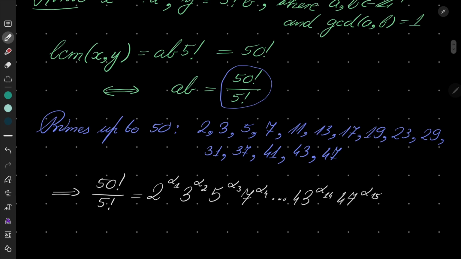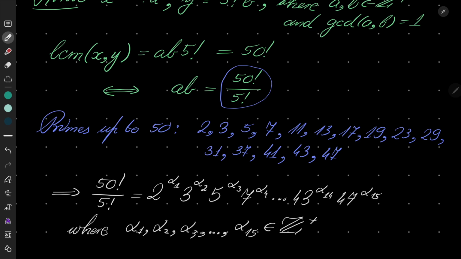And let's notice that all of these exponents are some positive integers. In fact, it's not that hard to find their exact values, but it's not necessary, so let's keep it simple.